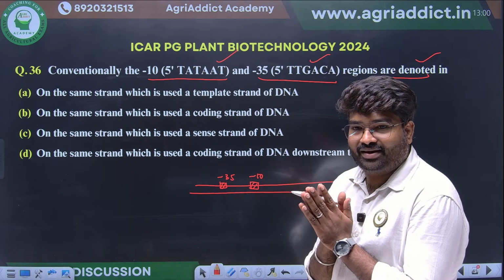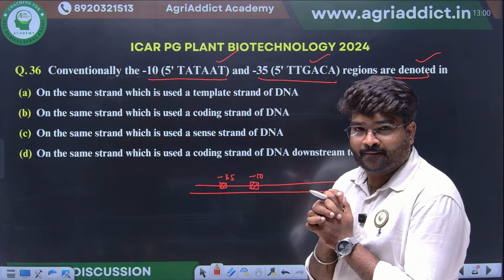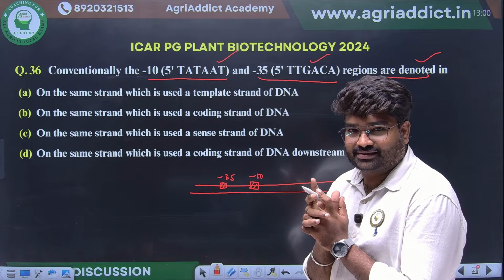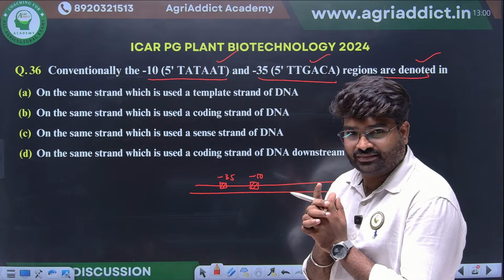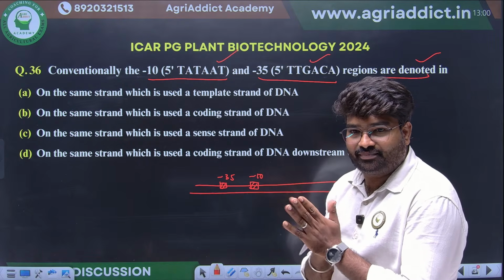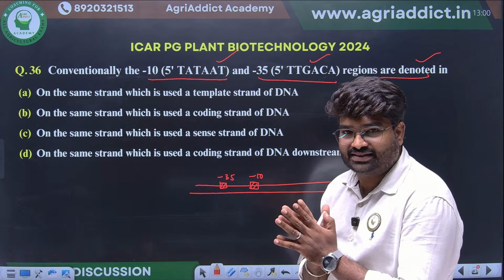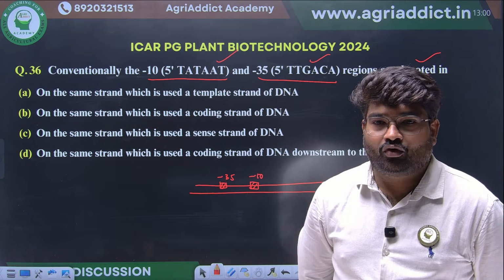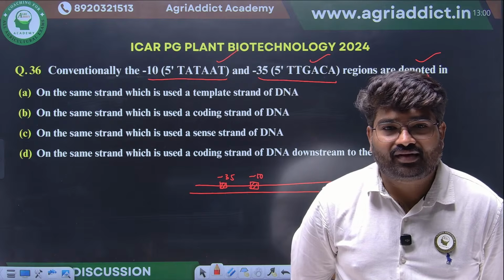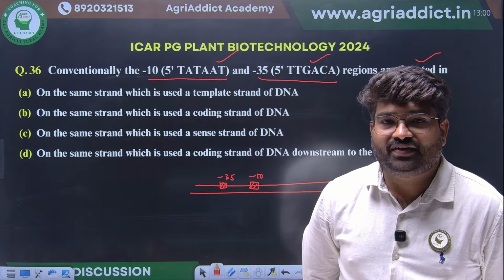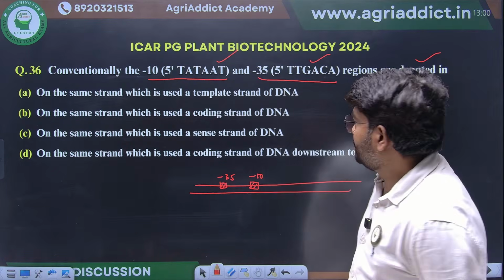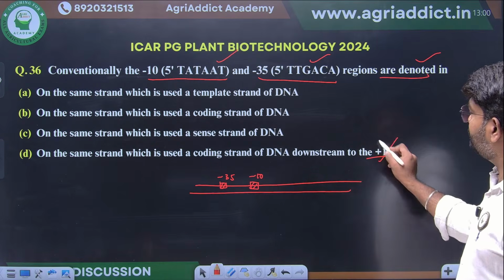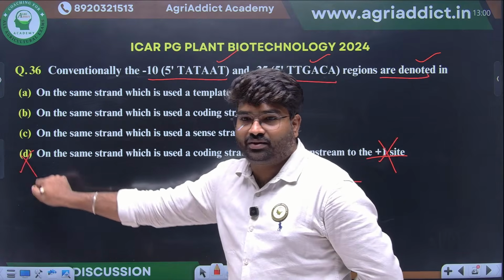Transcription will always happen at which strand? Template strand, yes. Any guesses? Conventionally, the promoter regions will be present in which strand? Whether it will be present in the template strand of DNA, the coding strand, the sense strand, or on the same strand used as the coding strand downstream to the +1 site. Surely this will not come downstream to the +1 site. This we can easily eliminate.